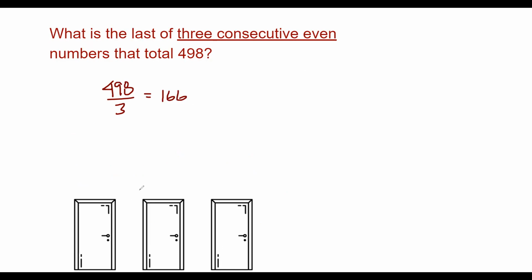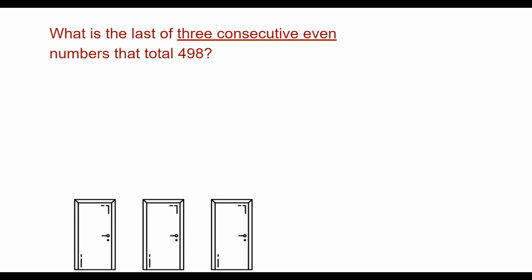I've got my three doors sketched out here, so that must be the middle door. We want to pay attention to what kind of consecutive numbers we're talking about. In this case, they're even. So the even number before this would be 164. And the even number after it would be 168. Now we have our three numbers. Let's go back and see what the question is asking for. What is the last? So we look at our doors. There's the last door. That's our answer. Pretty quick once you get the hang of it.